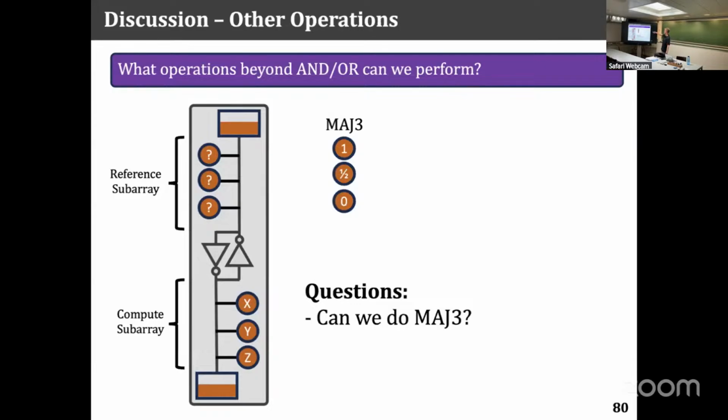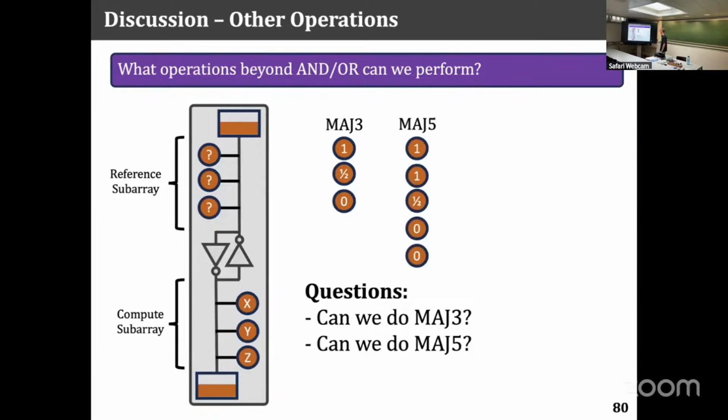Exactly. Majority 3 would look like this, and majority 5. But is there a more general class of functions? Can you imagine any other Boolean function with more inputs that we could do? How does this pattern generalize? Majority is basically whether the sum is larger, whether more than half of the cells are activated.